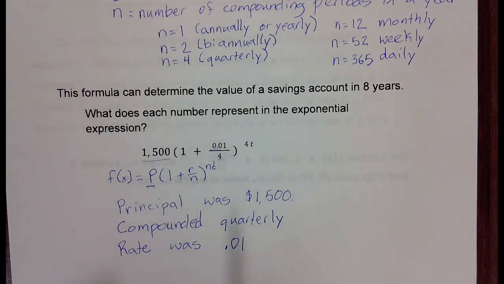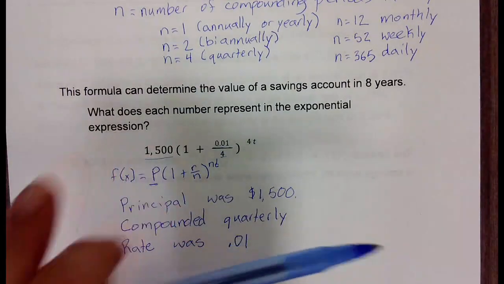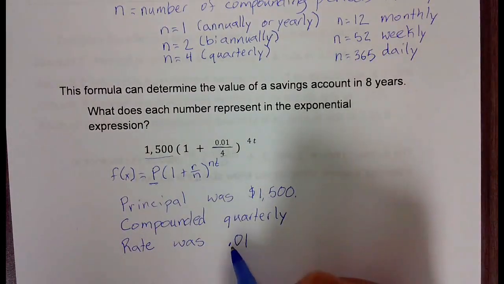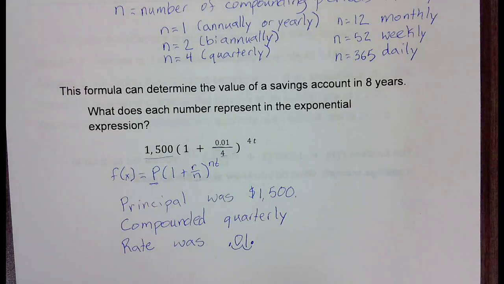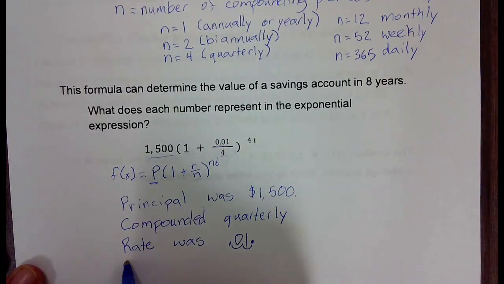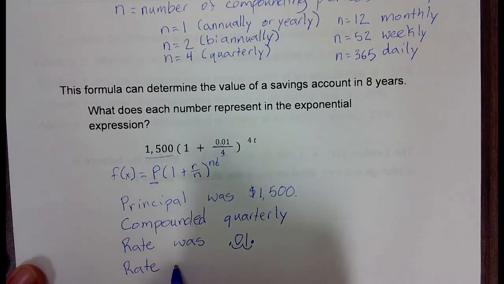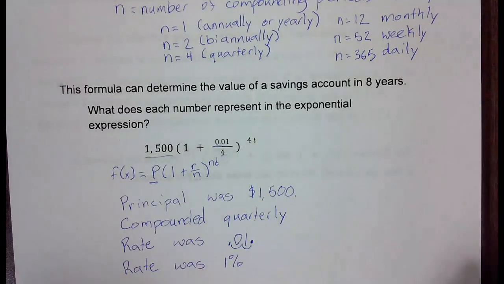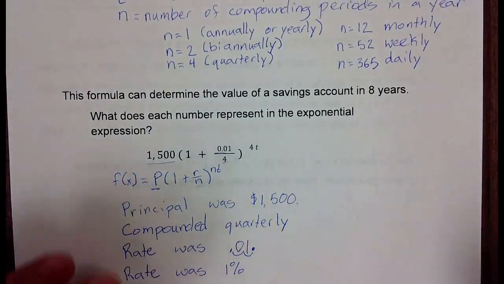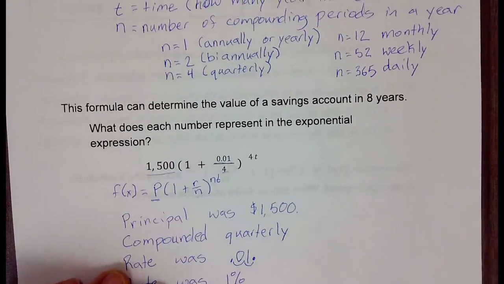And when I turn a decimal into a percent, I'm going to move this decimal point over 2 places to the right. So 1, 2, my new decimal spot is over here. So the rate was 1%. There we are there.